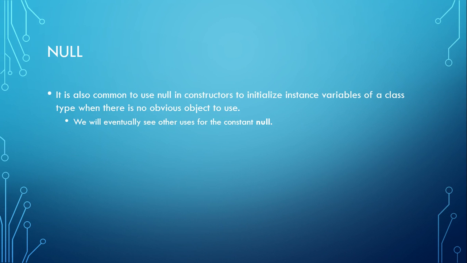It is also common to use null in constructors to initialize instance variables of a class type when there's no obvious object to use. And we'll eventually see other uses for the constant null. But this again is another instance of null. So we've seen constructors before, and a lot of times when you make a constructor method, sometimes you have to make starting values.